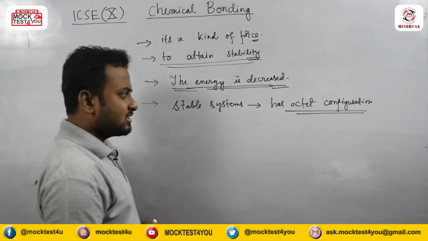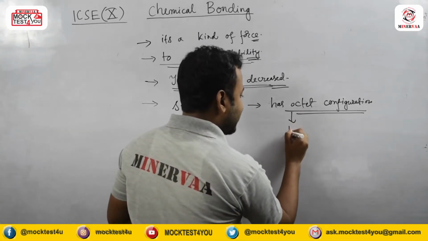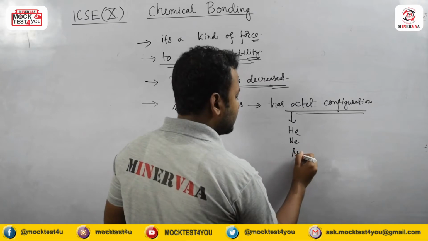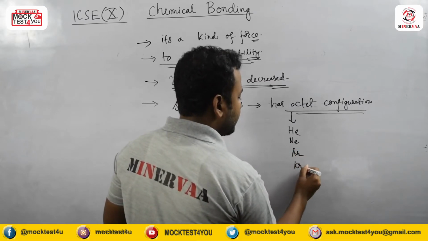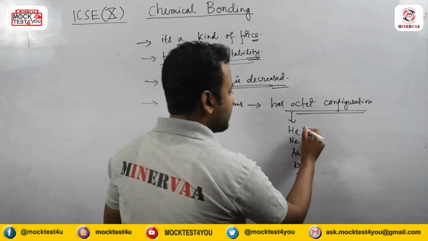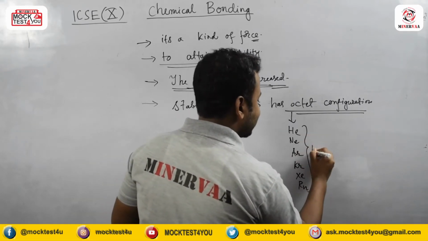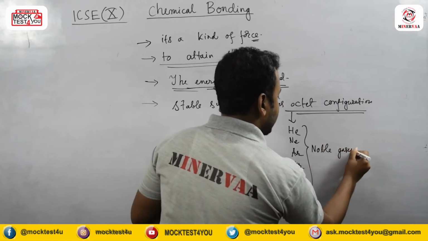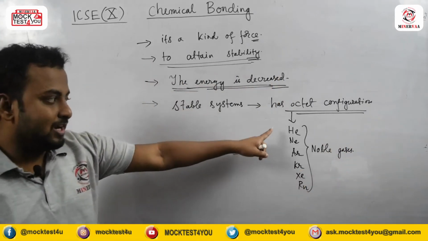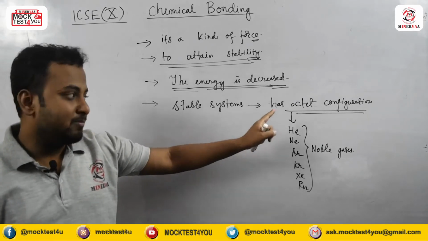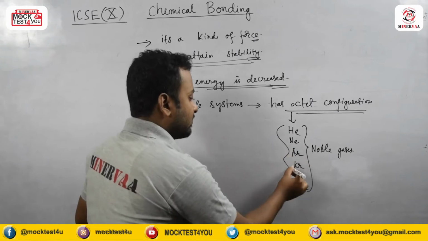You can answer yourself: helium, neon, argon, krypton, xenon, radon. So what are these? These are the noble gases. They have a filled octet, and because of the octet fulfillment, they are very stable.